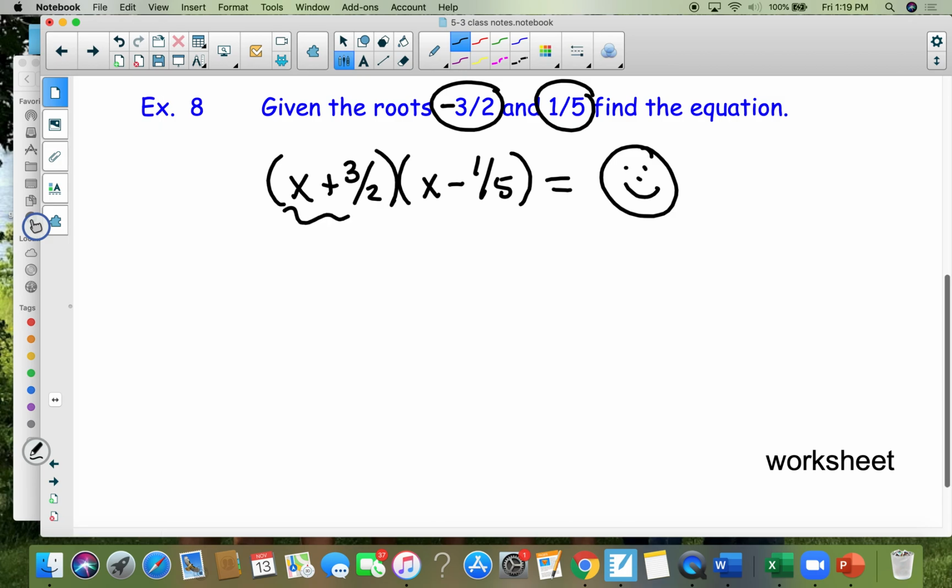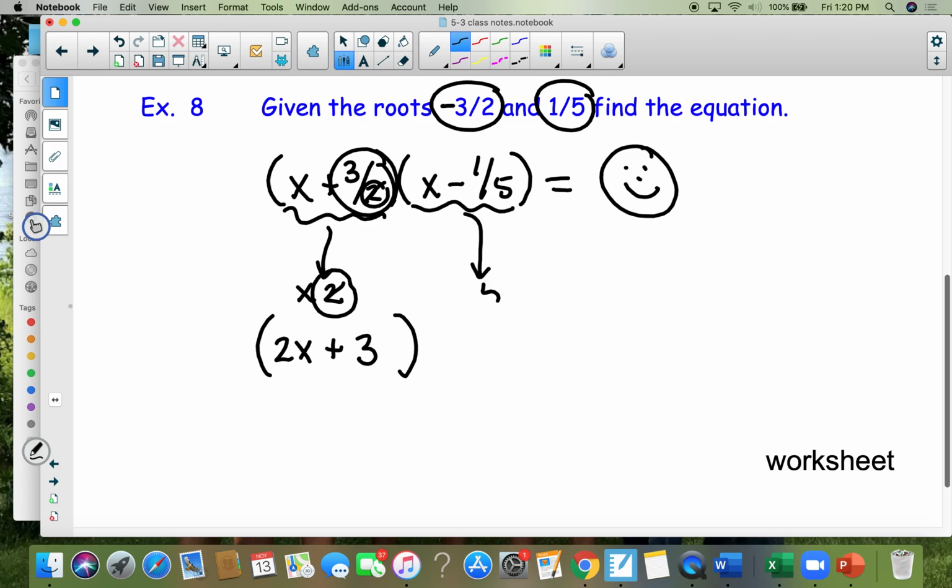For this one, all I'm going to do is multiply by 2, because that's the denominator. 2 times x is 2x plus, when you multiply this by 2, the 2's cancel out and you're left with a 3. I'm going to multiply this one by 5. If I multiply this by 5, I get 5x. If I multiply this by 5, I get 1.